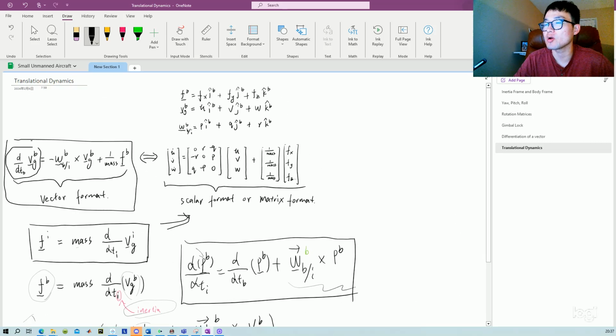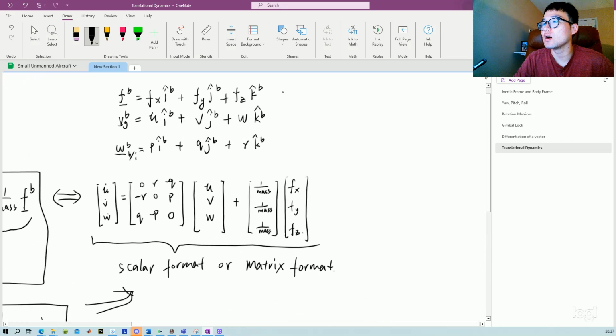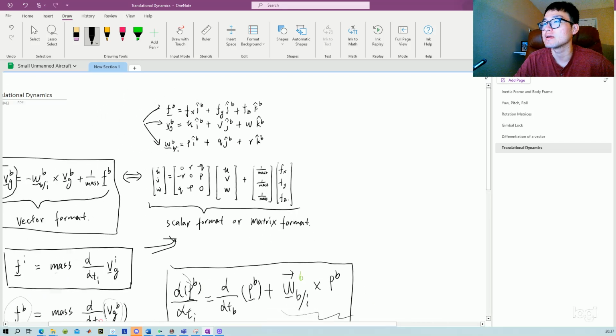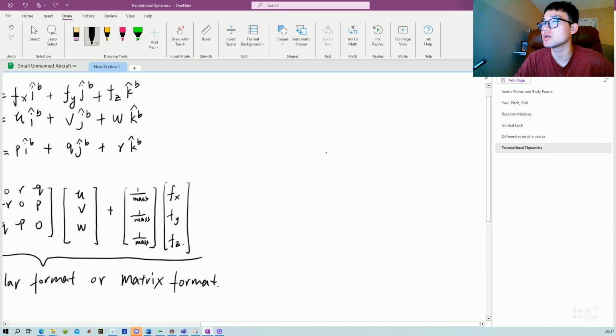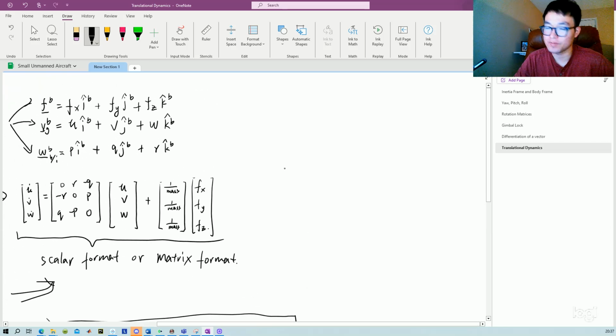So this equation we have already sort of proved is the same as this. Now let's talk about how to go from the vector format to the scalar format. That's easy by just using those definitions. In terms of visualization, it's quite straightforward.